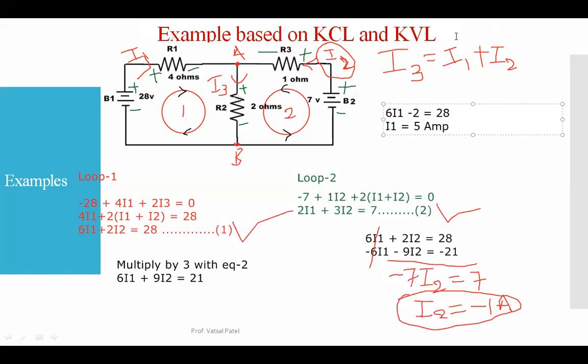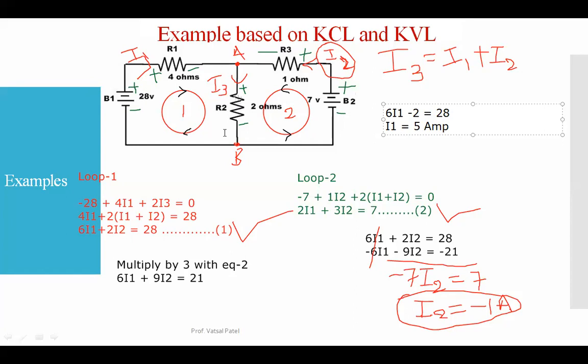So now this is the value of current we identified, I1 and I2, as well as you can identify I3 also. This is as per the loop I selected here, right? But suppose if loop number 1 and loop number 2, if I selected in the opposite direction, what will be the current I1 and I2? Can you now tell me?